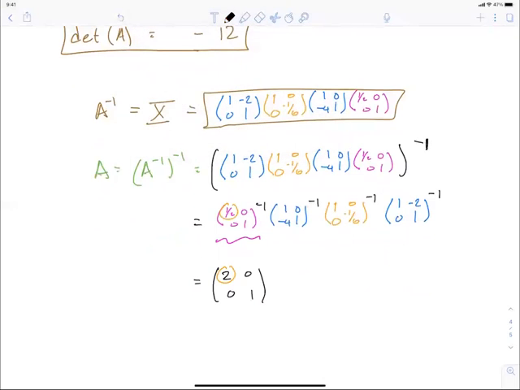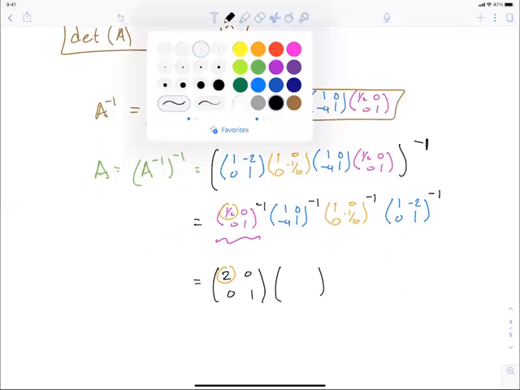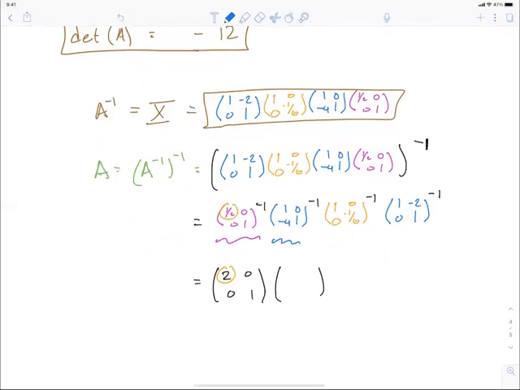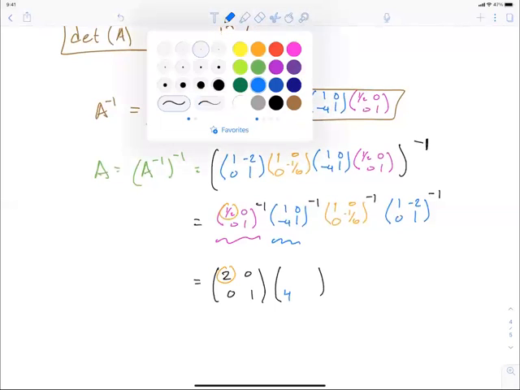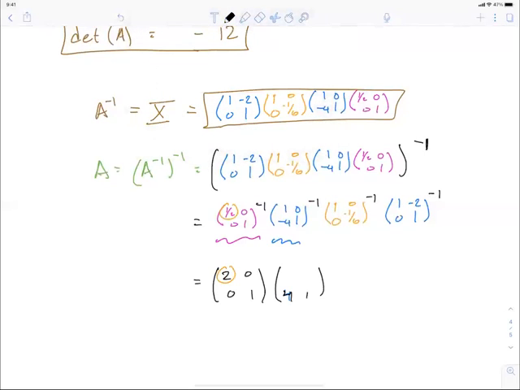Similarly, the inverse of this next one, this row operation here corresponds to subtracting 4 times the first row from the second row. Well, to undo that, we're just going to add it back in. So the inverse of this elementary matrix is just going to be, instead of -4, it's just going to be +4.